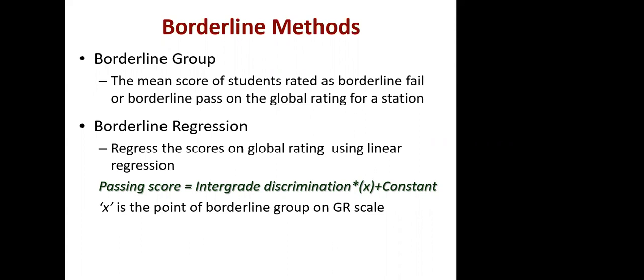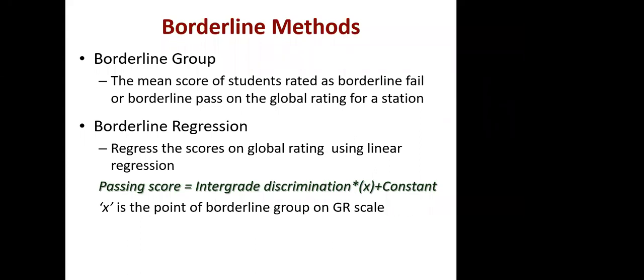That is why this method was improved to make the borderline regression method. For the borderline regression method, you use linear regression. I will not go into the detail. You use scores of all your students now, clear fail, borderline, and clear pass. You regress your scores on the global rating.